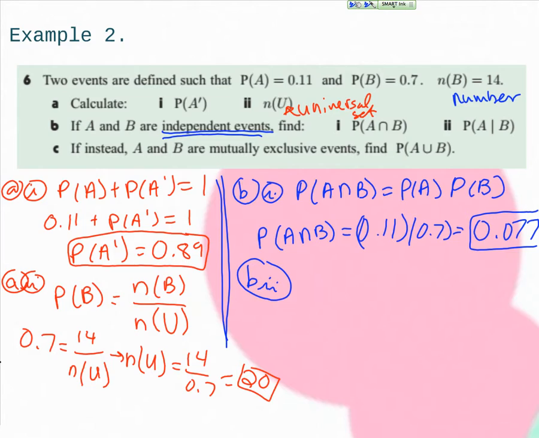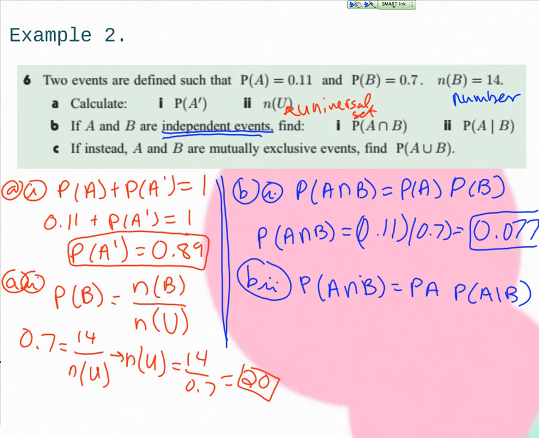There is a formula in your packet for conditional probability, and that formula is the probability of the intersection of A and B equals the probability of A times that conditional probability.